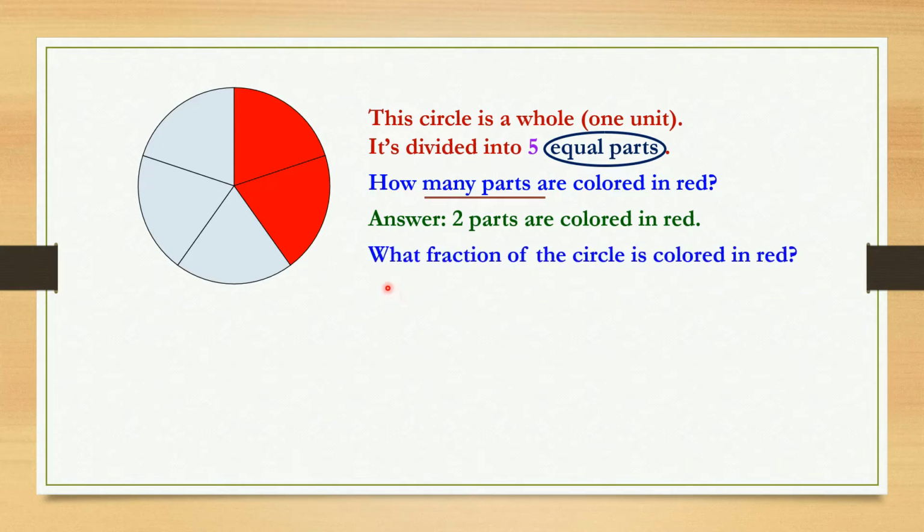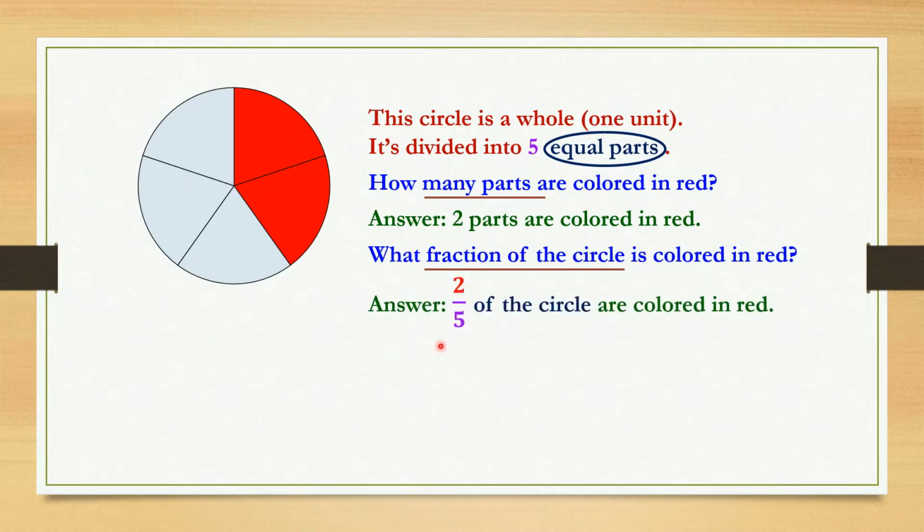Now another question: what fraction of the circle is colored in red? So here, when they ask you what fraction of a unit, here the circle, is colored in red, it means how many pieces or parts are in red out of how many in total.